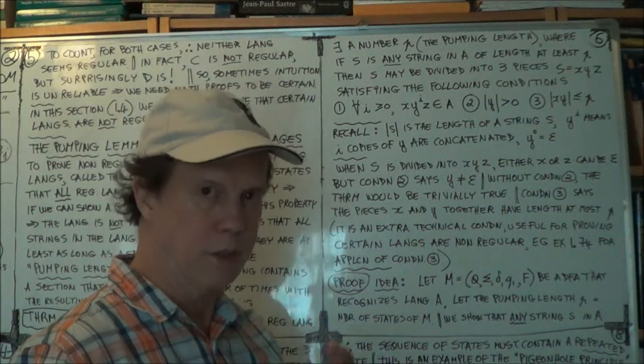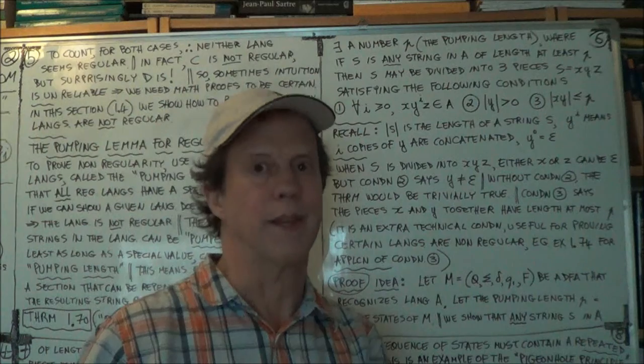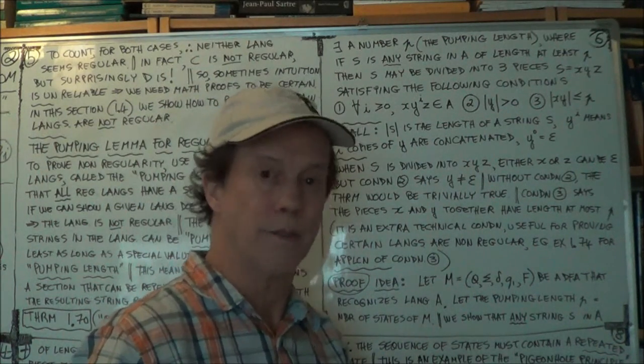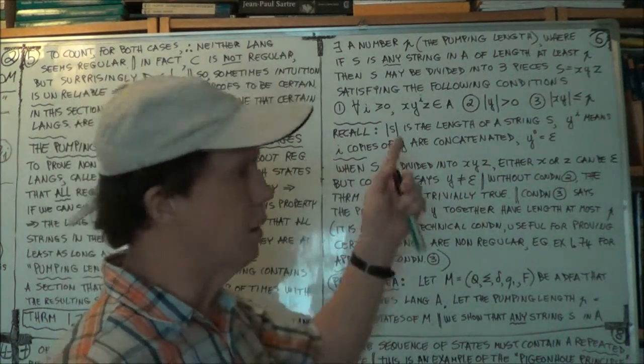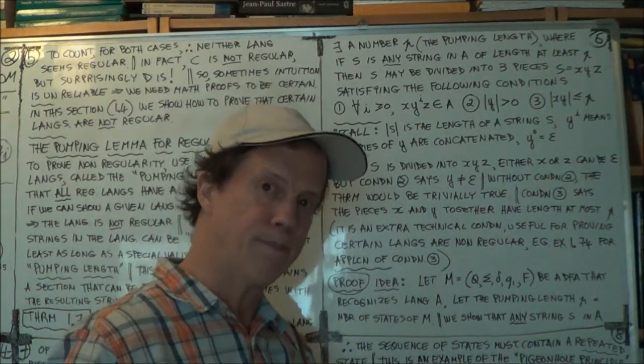A much more rigorous way than using intuition that can fail, like the two examples of languages C and D we did before. Your intuition, your common sense can fail. So we need something more rigorous to detect a regular language from a non-regular language. Okay.